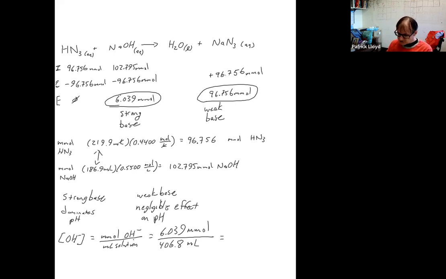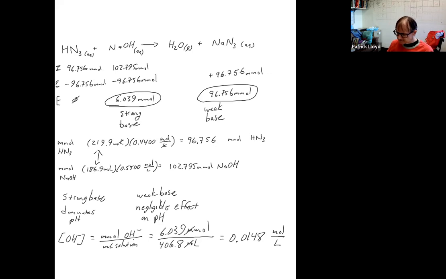So I'm going to take 6.039 and divide that by 406.8. And I'm going to get a concentration of 0.0148. And what's the units? Millis cancel, moles divided by liters, right? There's your molarity of the solution.